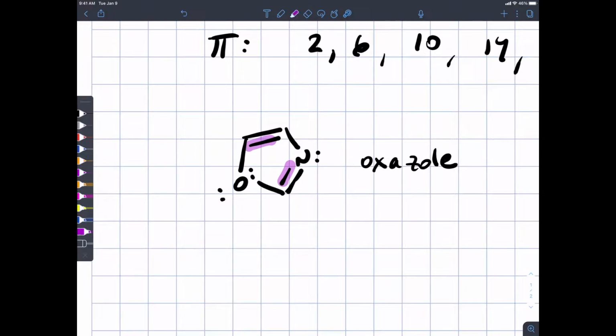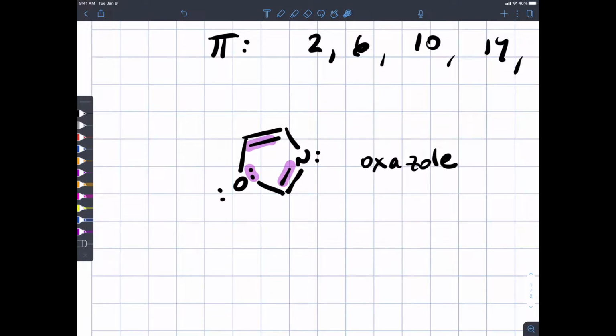And then on the oxygen, a maximum of one of these lone pairs can be involved in conjugation and aromaticity for the same reason. If one of them is in a p orbital involved in conjugation with these other electrons, this one must therefore be in an sp2 orbital and not involved. Remember, to be part of conjugation, you have to be able to line up with the p orbitals in the ring.